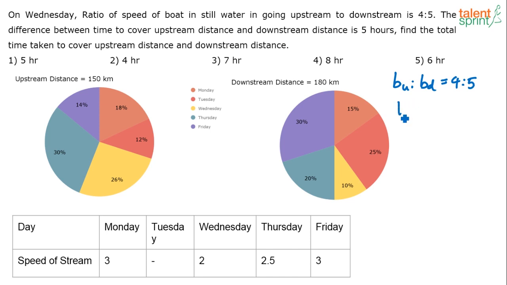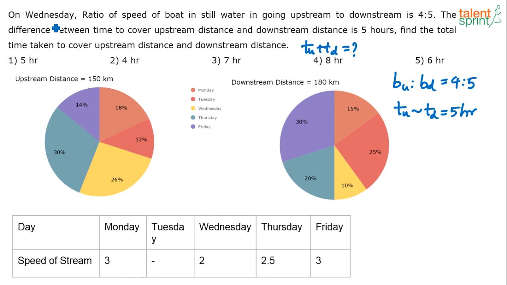So time taken to cover upstream minus time taken to cover downstream is equal to 5 hours. Find the total time taken to cover the upstream distance and downstream distance. So he's asking us to find TU plus TD equals what?